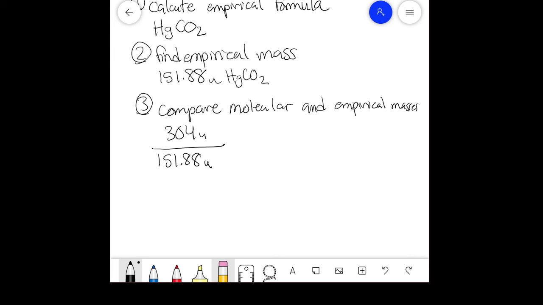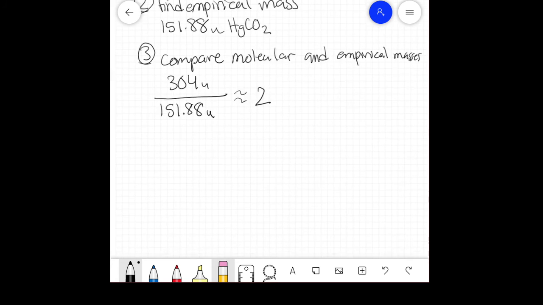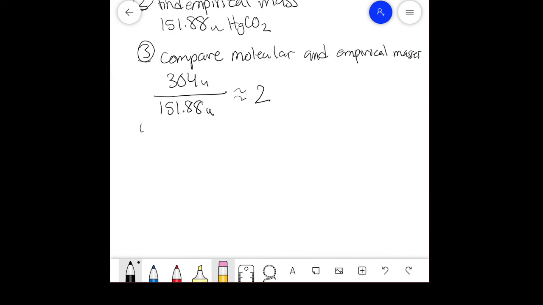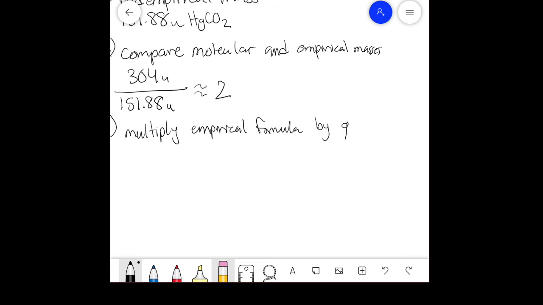You put that in the calculator and divide, and you get approximately 2. Then the fourth step is to multiply your empirical formula by the quotient of the comparison.